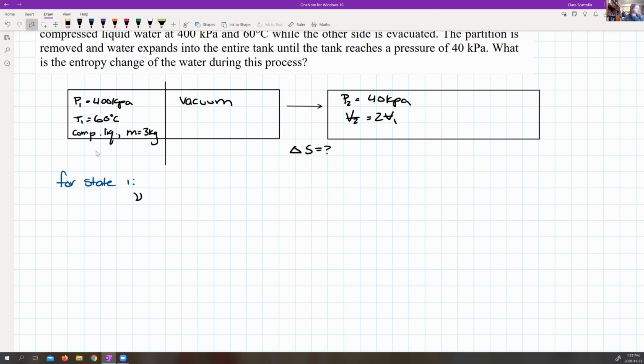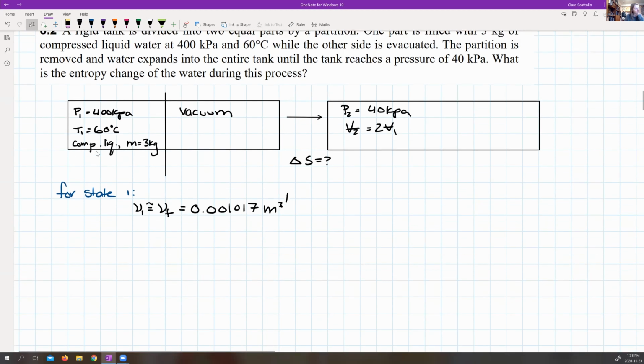We know that specific volume 1 is approximately equal to specific volume F at temperature, which is 0.001017 meters cubed per kilogram. I'm going to see that S1 is approximately equal to SF, which is 0.8312 kilojoules per kilogram Kelvin.